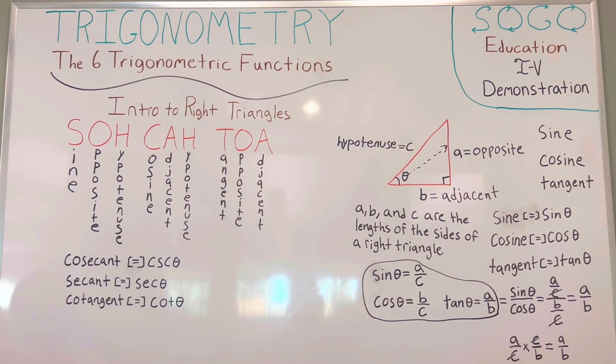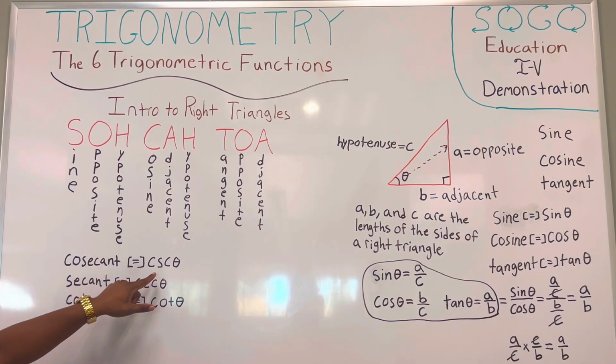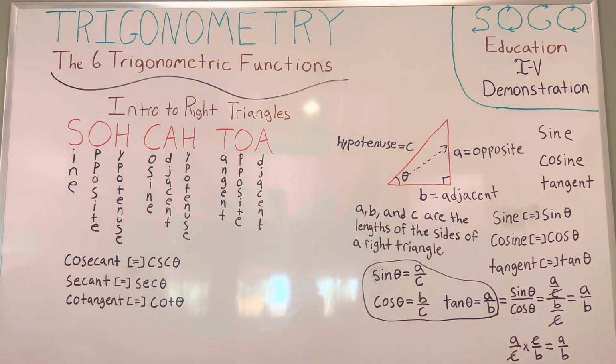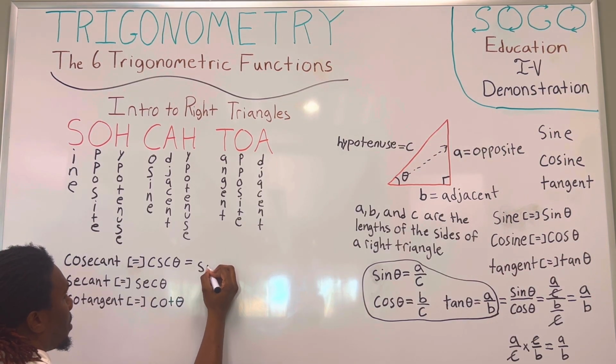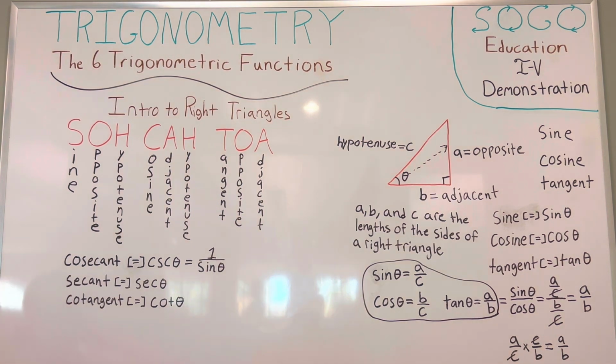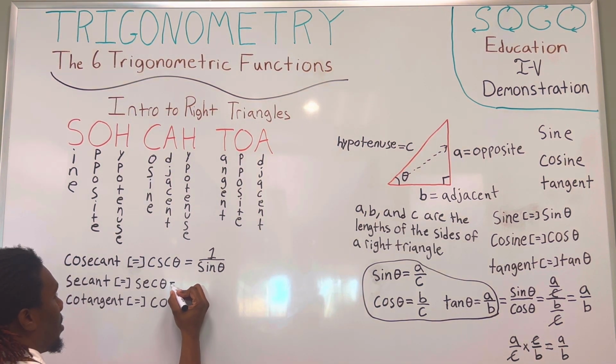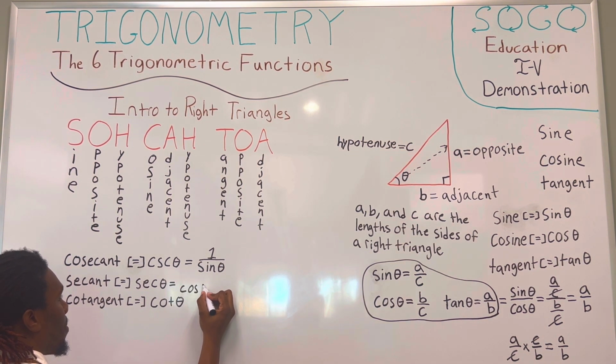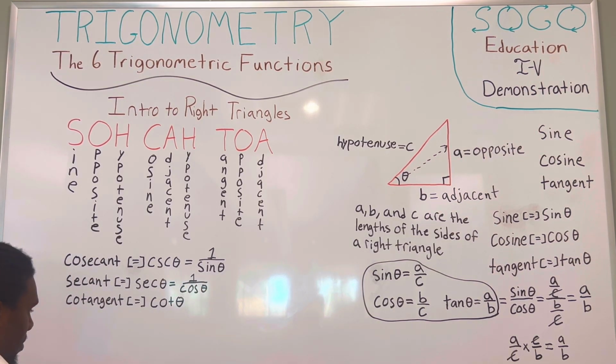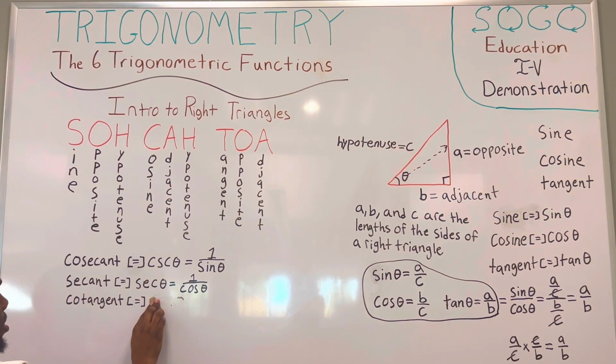Now, these three trig functions are related to the first three trig functions, all right? So cosecant is related to sine theta in the way that it's 1 over sine theta, or the reciprocal of sine theta. Secant theta is 1 over cosine theta, or you can call it the reciprocal of cosine theta.